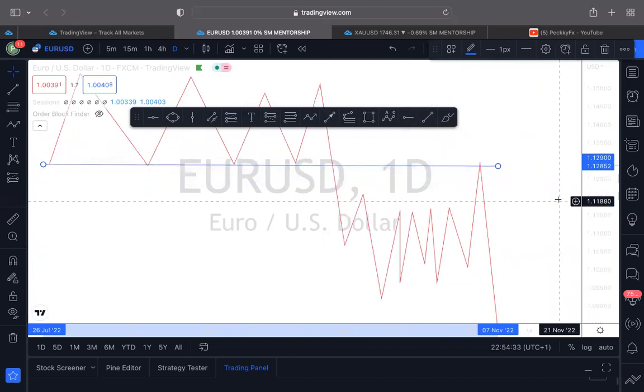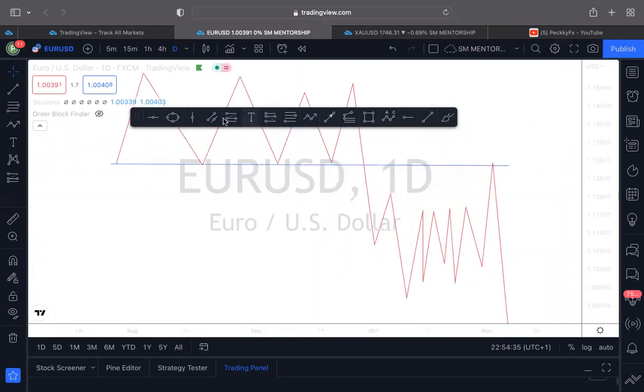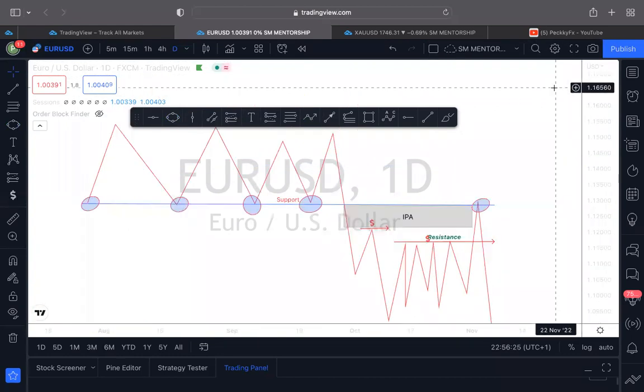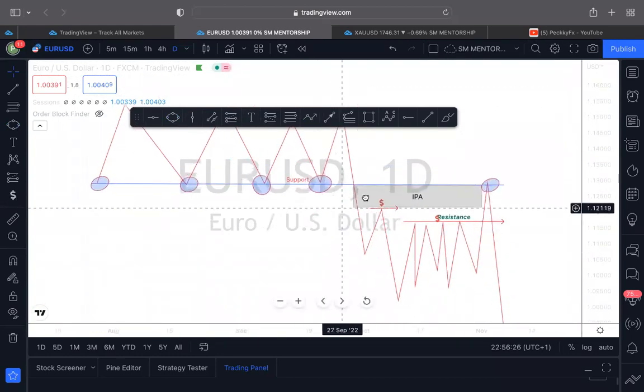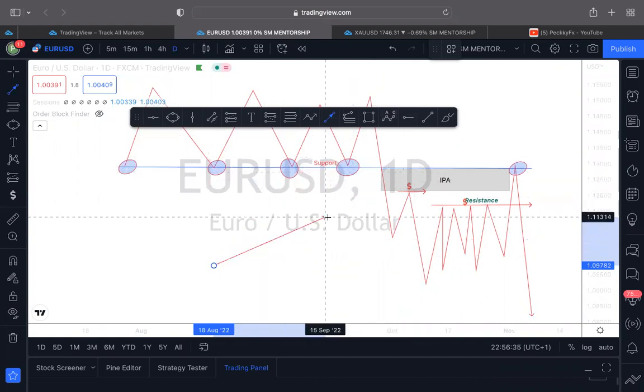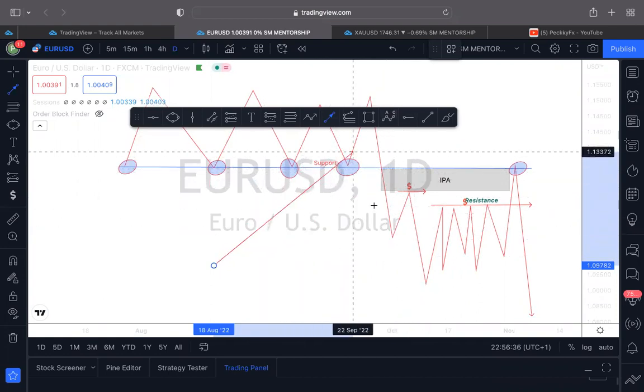Okay, so this is an illustration where you have your support right here. The support area. So we have our support. Then we have a BOS, a break of structure to the downside.